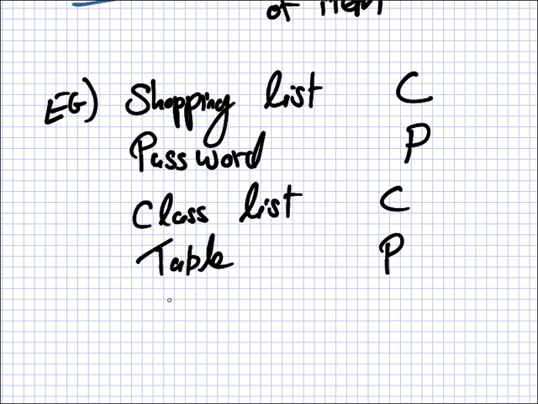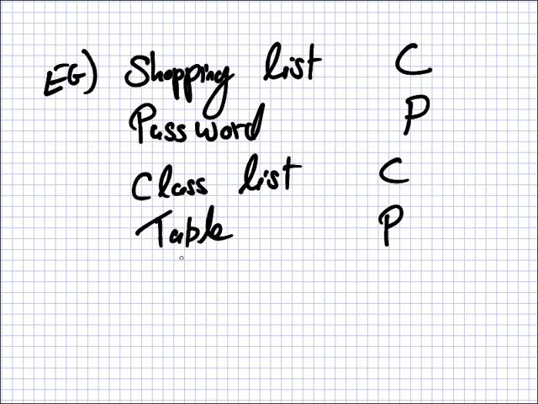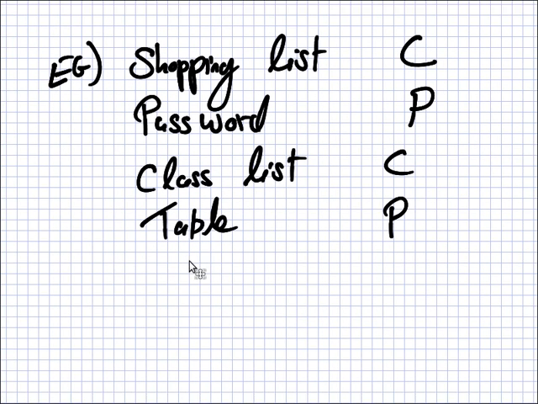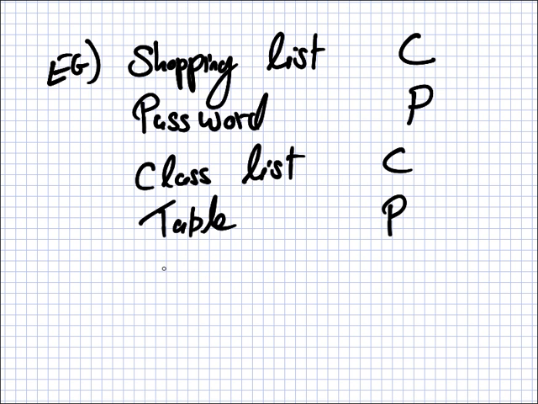What else could we have? How about recipes, and ingredients in a recipe or something like that. What do we think?